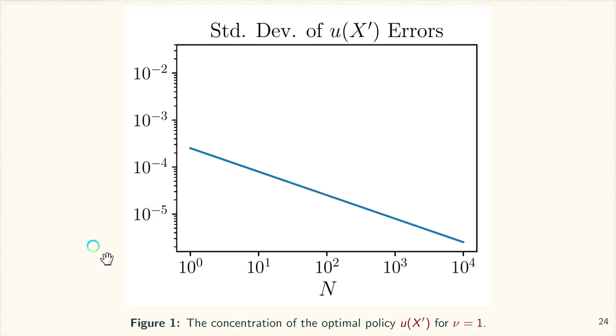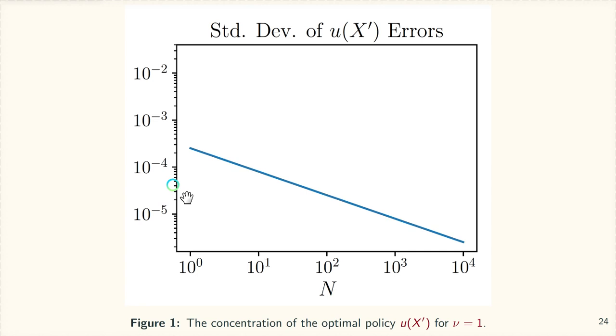And you can see over here how when I go from having two firms to having 10,000 firms, remember this is where I'm going to have 10,000 state variables, the standard deviation goes down very, very quickly, and by the time I'm at 10 or even 100, I'm doing sufficiently well. That concentration of measure is giving me everything that I need.